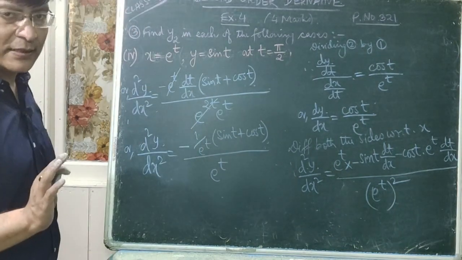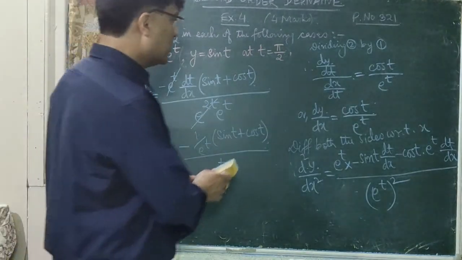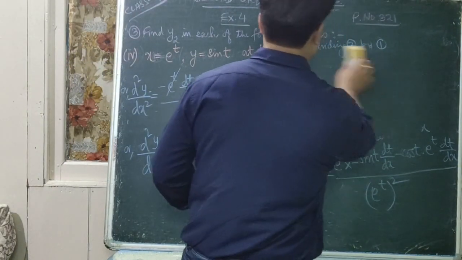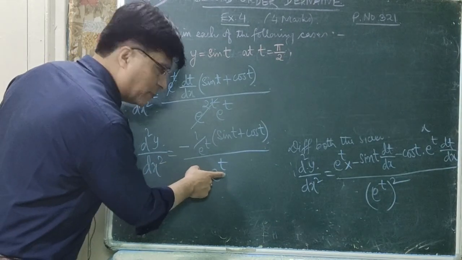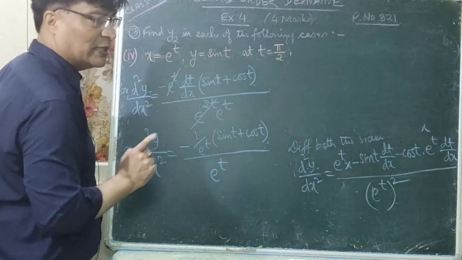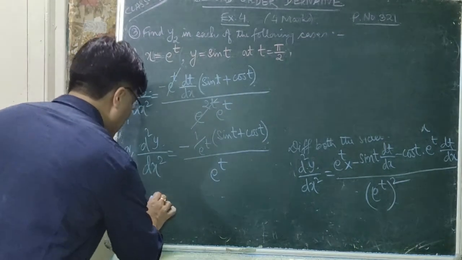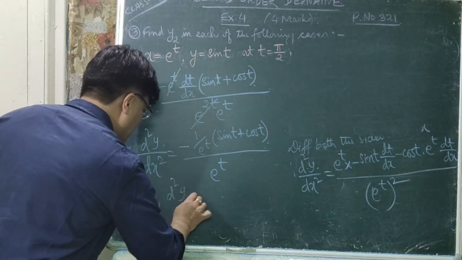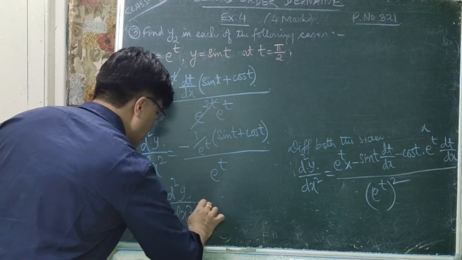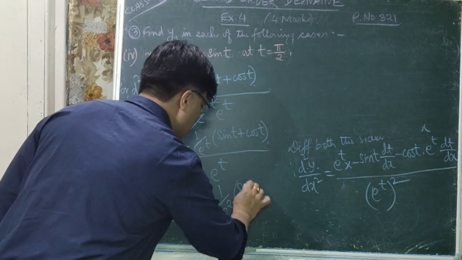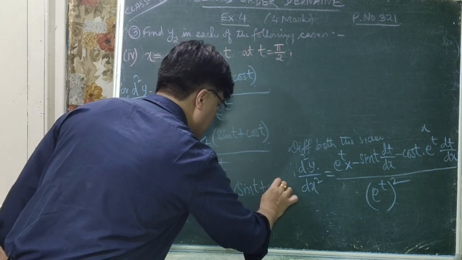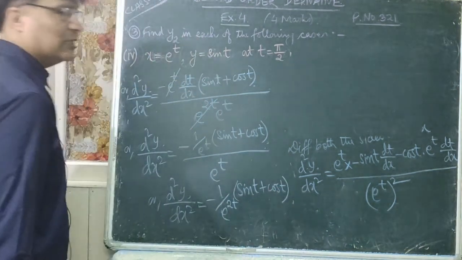Is that clear to all of you? So now you can simplify it. Here e to the power t and e to the power t are both in the denominator, so you have to multiply them. So d2y by dx square is equal to minus 1 upon e to the power 2t into, within the bracket, sine t plus cos t.